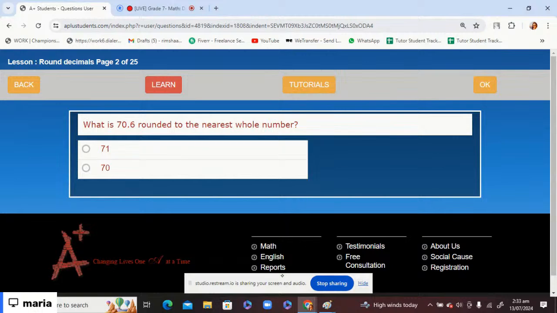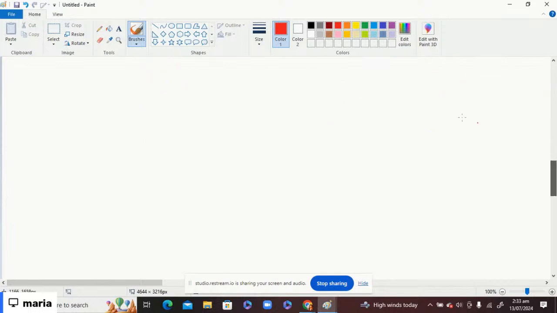What is 70.6 rounded to the nearest whole number? Check. It's 70.6. When we see 70.6, check it out. 6 is greater than 5. So is it changed or not?